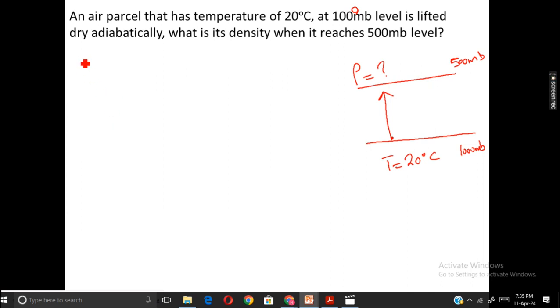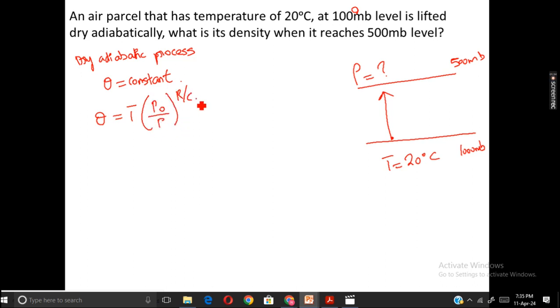Dry adiabatically lifted means the potential temperature will be constant, as we just discussed. In a dry adiabatic process, potential temperature theta, which is defined as T into (P0 by P) raised to R by Cp, will be a constant for 1000 MB as well as 500 MB.